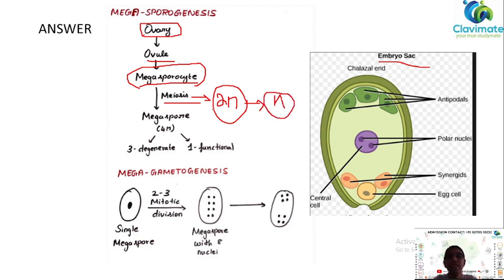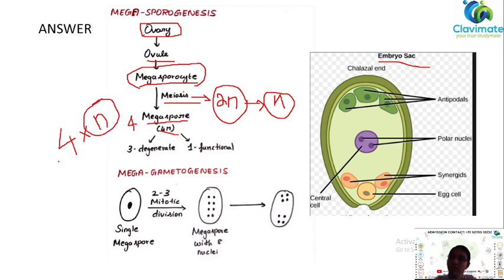So this meiosis will produce megaspores. How many megaspores will it produce? It will produce 4 megaspores, that is 4 into n. That's what is written here as 4n. That is 4 haploid gametes it will produce.